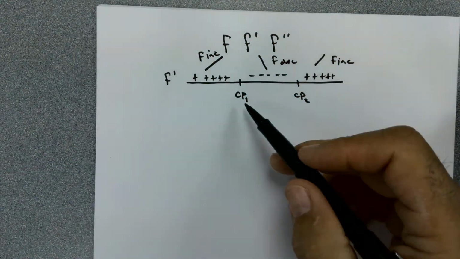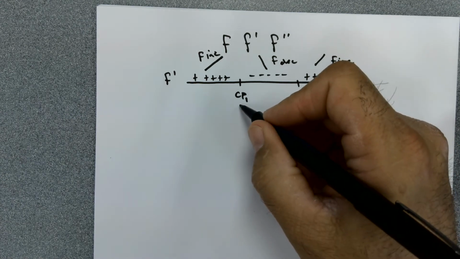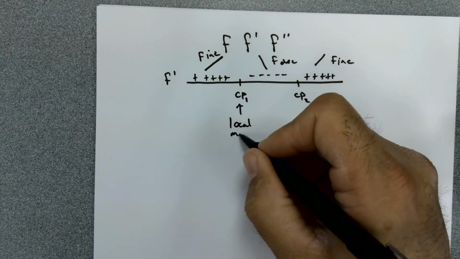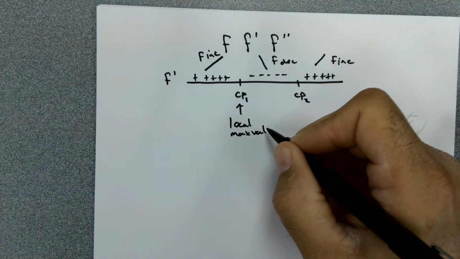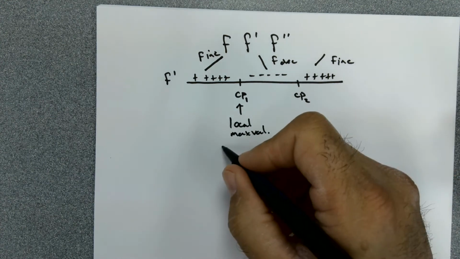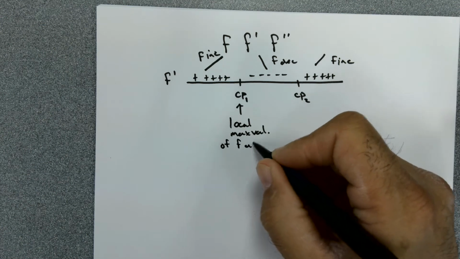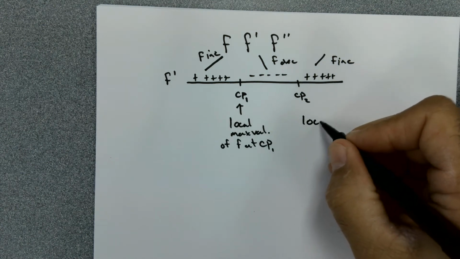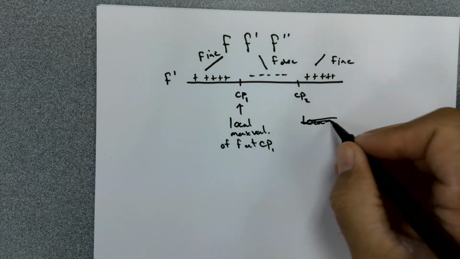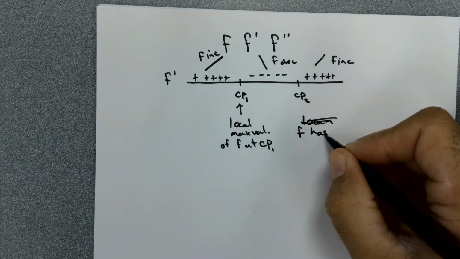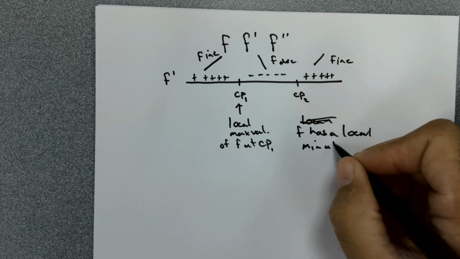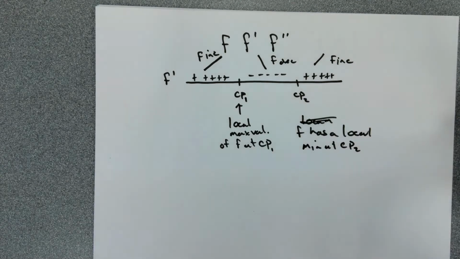So this is going to tell us that at this critical point, we're going to have what we call a local max value of f at this first critical point. And f has a local min at this critical point 2 here.